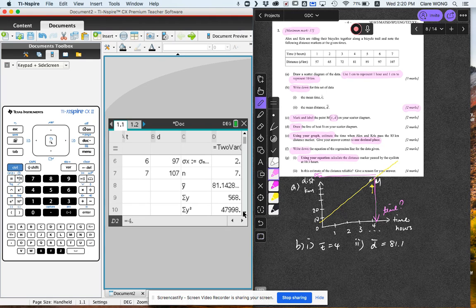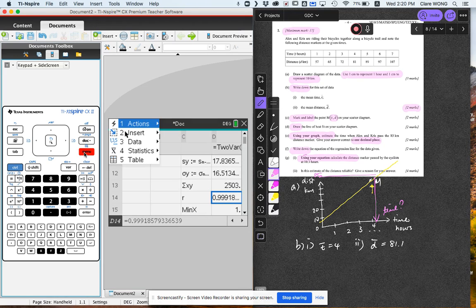F, it says write down the equation of the regression line given. If you only have done the 2 variable stats, you won't see those things for your regression line. You will see though the correlation coefficient.